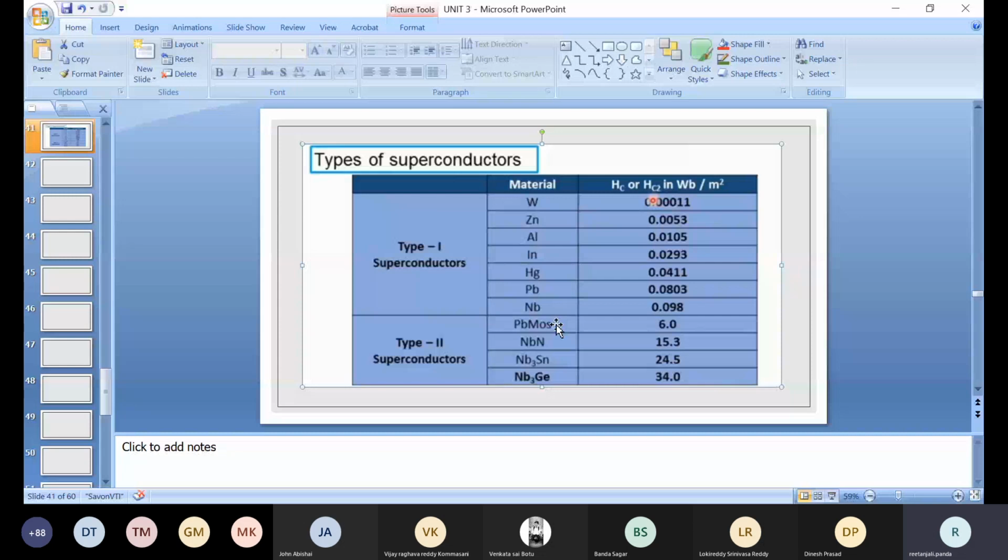And this is only the lower critical magnetic field value. The upper critical magnetic field value will be much higher than this one. So to convert this type 2 superconductor into a normal state material, it will take much more magnetic field to make these materials into the normal state.